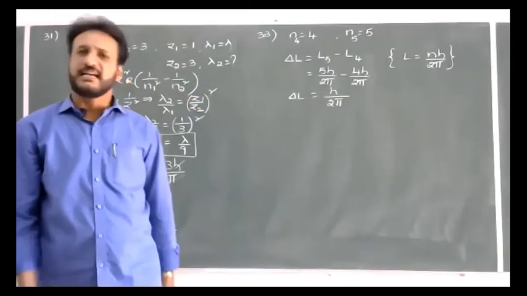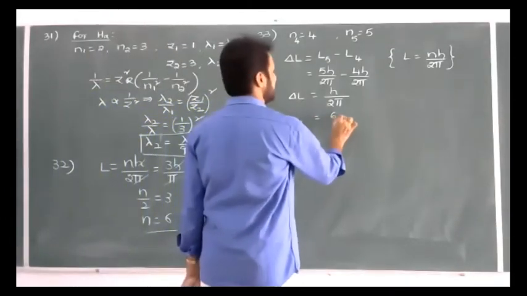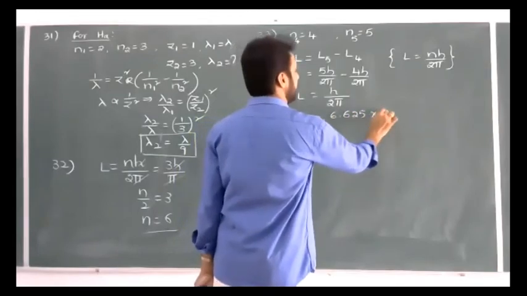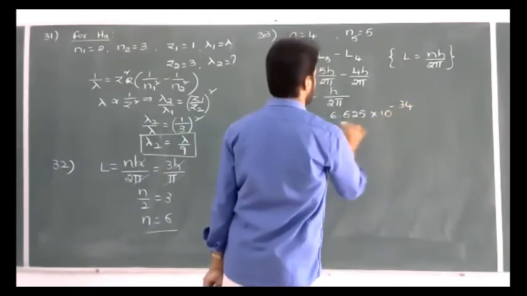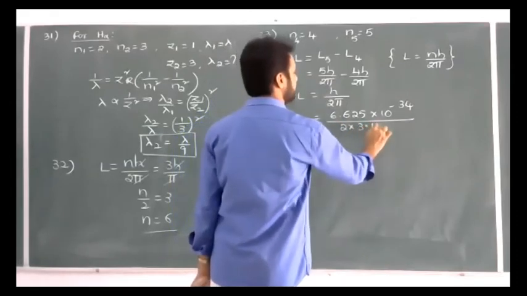But in the options they have calculated the value. So substitute Planck's constant 6.625 into 10 power minus 34 divided by 2 into 3.14.